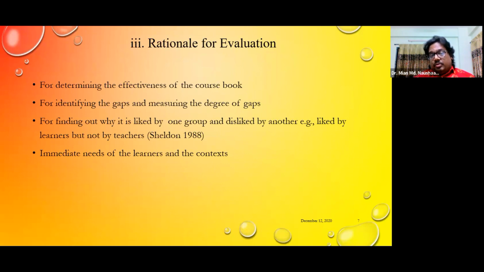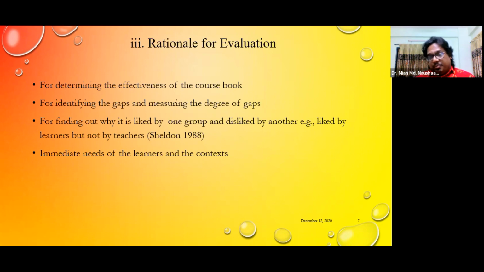We also can evaluate the book to find out whether the book is liked by one particular group, for example, liked by the students but disliked by the teachers, maybe because it is more burden for them. It can be vice versa, or maybe the book is very good, but not liked by the publishers because it is expensive and people are not buying the book.